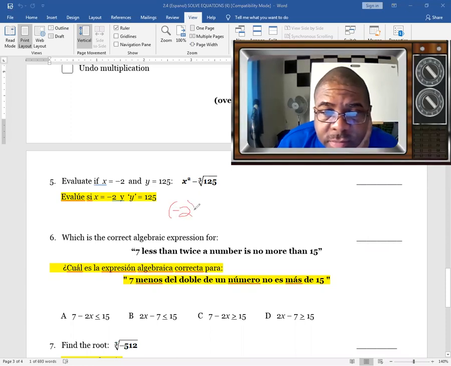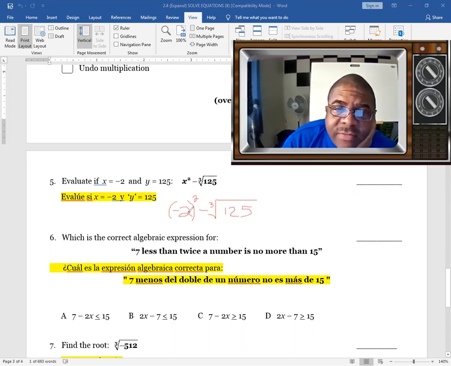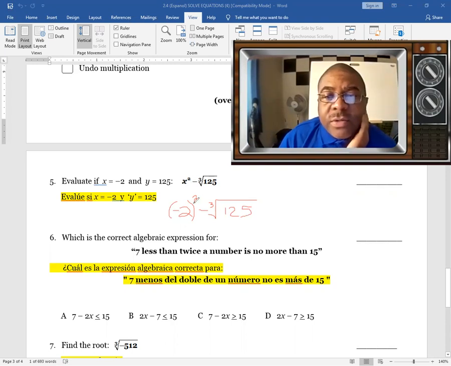You want to rewrite it as x squared minus the cube root of y, so we have -2 squared minus the cube root of 125.